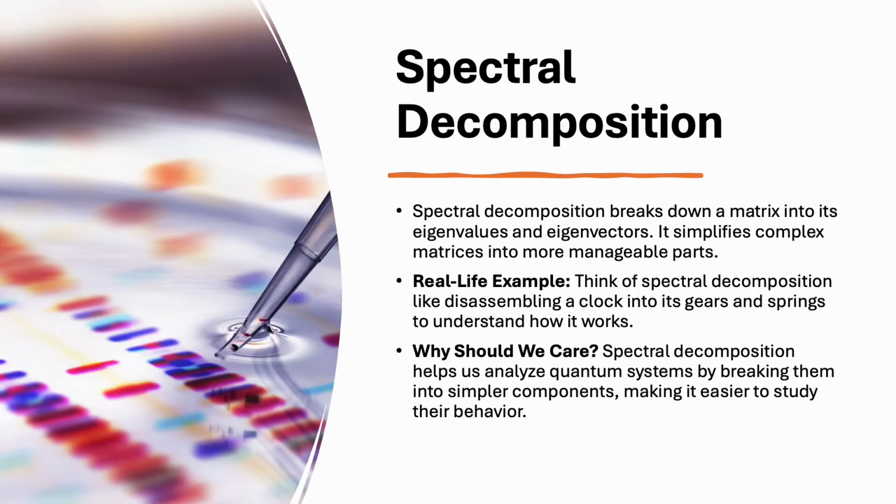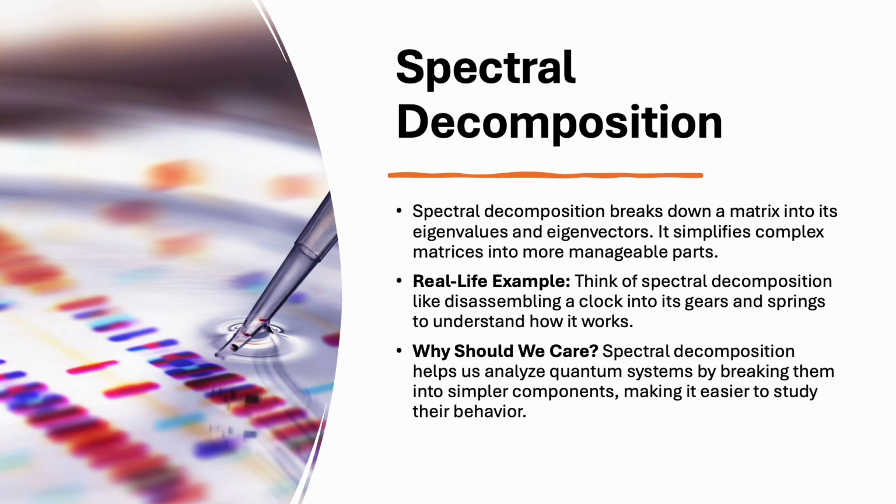Spectral decomposition. The spectral decomposition breaks down a matrix into its eigenvalues and eigenvectors. It simplifies complex matrices into more manageable parts. Now, I have specifically mentioned a real life example and why we should care in the spectral decomposition, because we are entering, at a very slow pace, into complex terminologies.